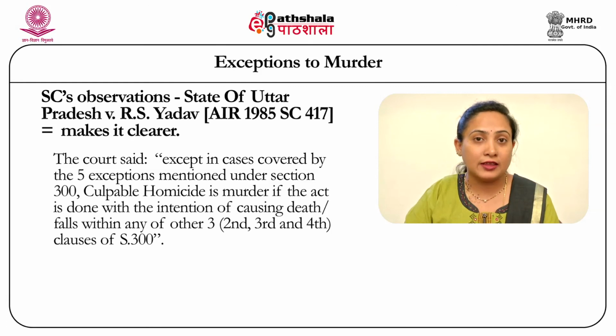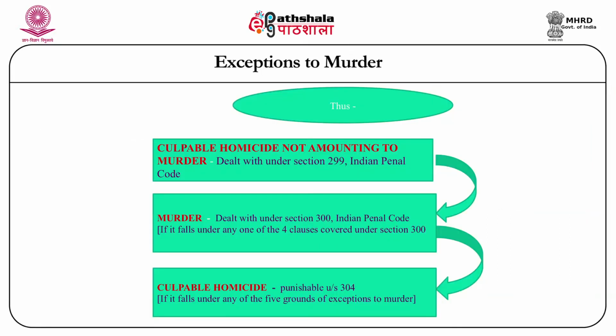This case makes it clear that 299 becomes 300 if one of the 4 clauses mentioned under 300 applies to a scenario. This case further clarifies that 300 can again become a case of culpable homicide provided any one of the 5 grounds of exceptions mentioned under 300 applies to the case.